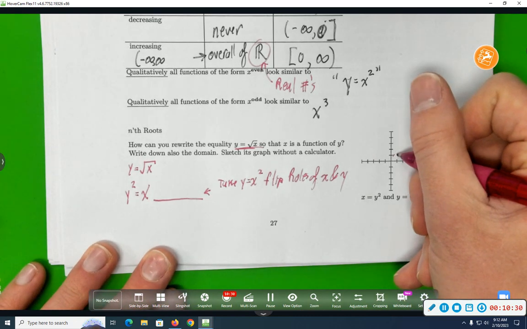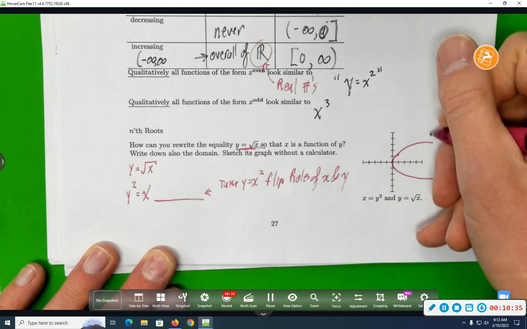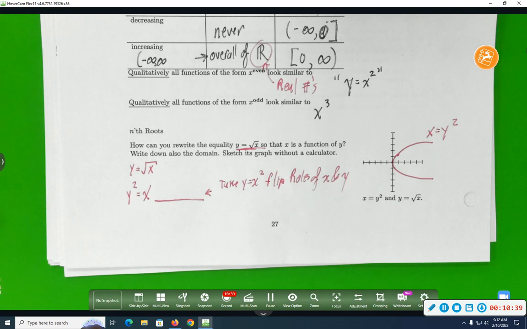So that would give you something like y equals x squared, but on its side. So there's the graph of x equals y squared.